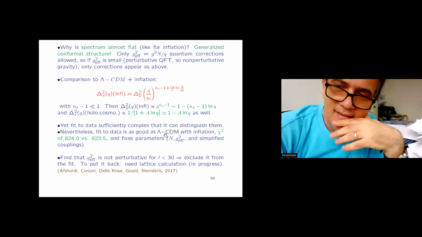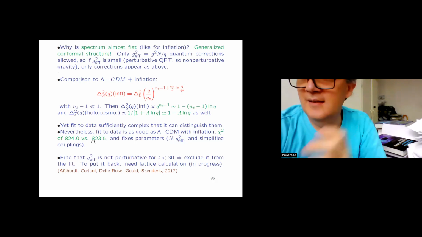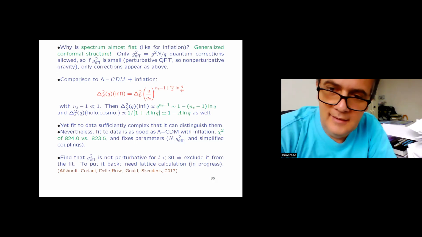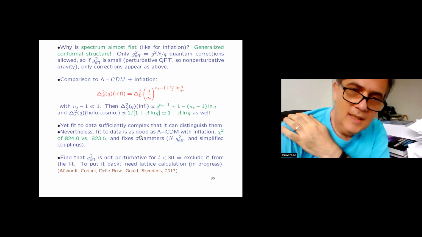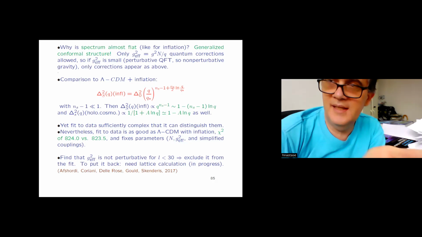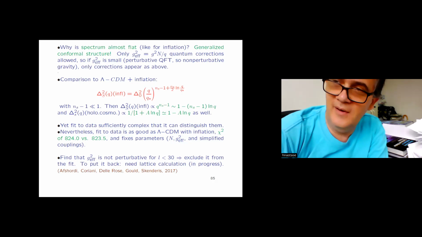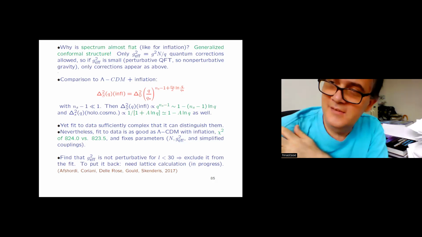And yet, nevertheless, chi-squared is within less than 1. The difference between the two is 0.5, which is less than 1. Therefore, they are indistinguishable. Now, of course, the fit fixes parameters. And another thing I should have said is that one uses the same number of parameters as for the fit to inflation. Otherwise, with sufficiently many parameters, you can fit anything.